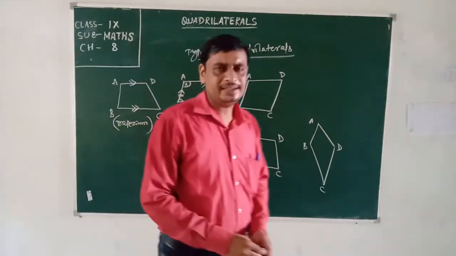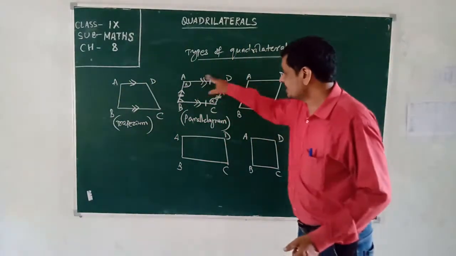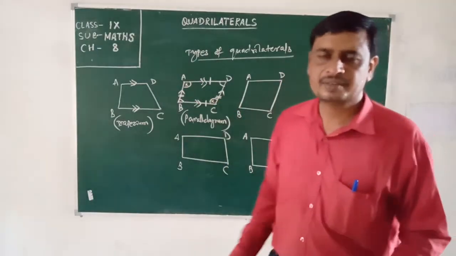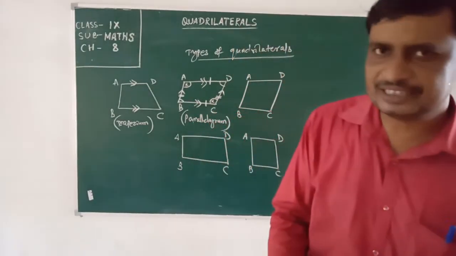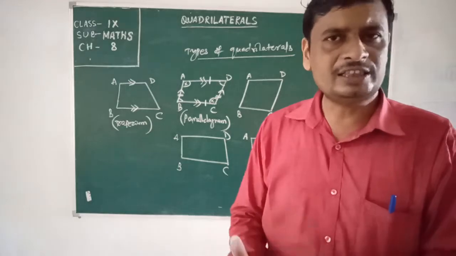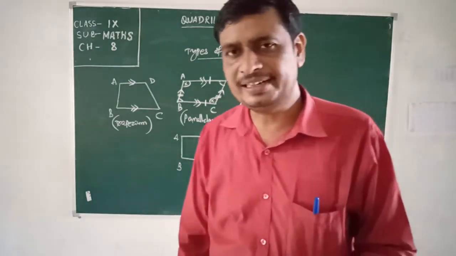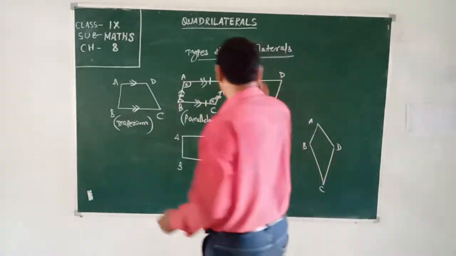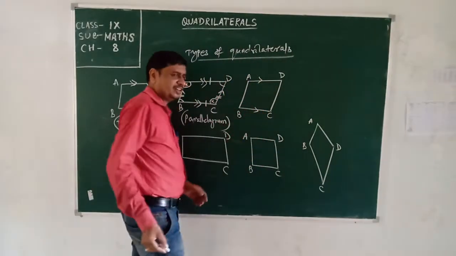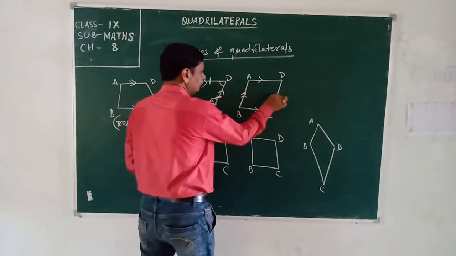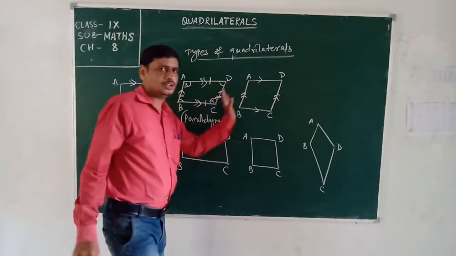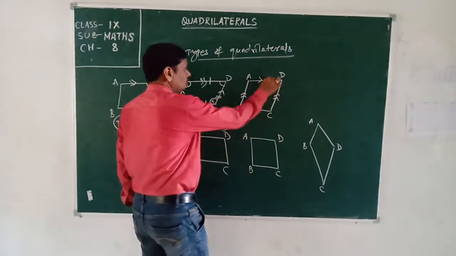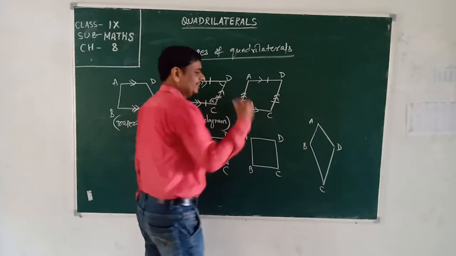But what will happen if all sides are also equal? Both pairs of opposite sides are parallel and all the sides are equal in length, then it becomes a rhombus. Here these two are parallel, these two are also parallel, and all are equal in length.